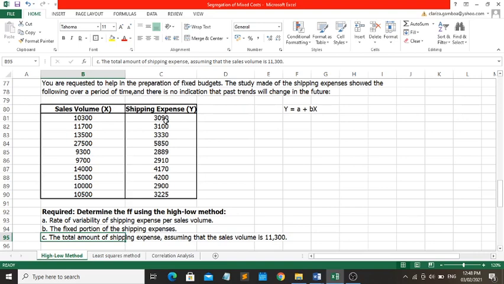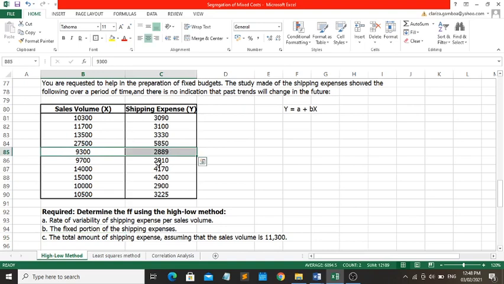Tignan natin ang given data. Hanapin si highest, hanapin si lowest. Okay, so the lowest is itong 9,300. And ang ating highest ay etong 15,000. So, isolve natin.